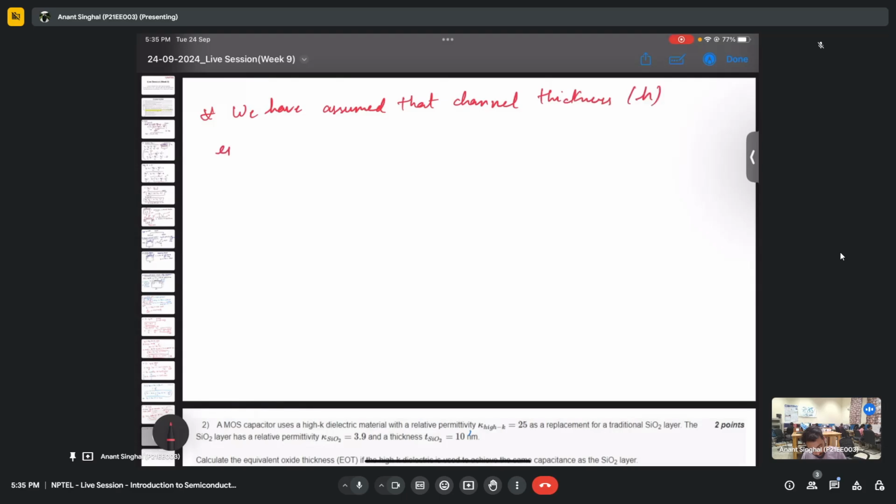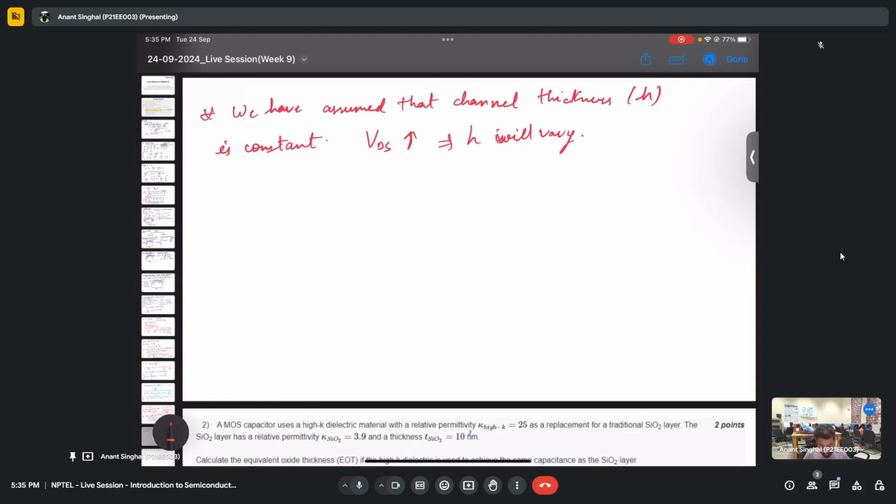is constant. But ideally, the channel thickness will not remain constant, because if we start to increase this VDS, the thickness of the channel will not remain constant. I'll let you know how it will change.